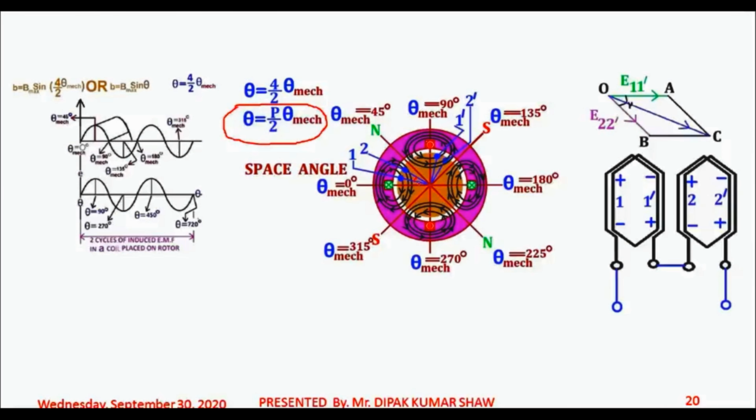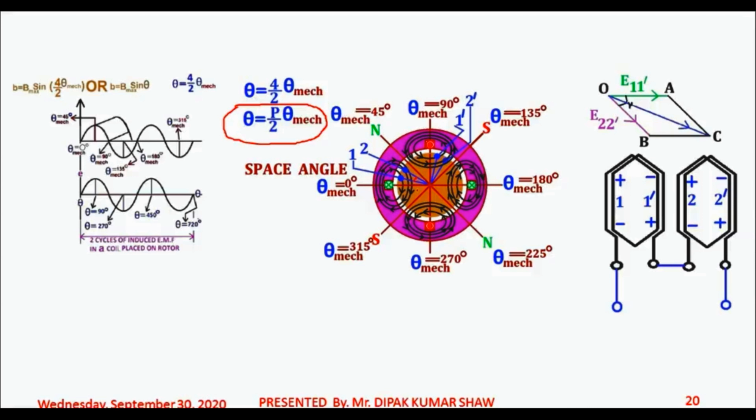If you want to write it in terms of mechanical degree, it won't be gamma, it would be gamma by 2. Then only in the phasor diagram it should come as gamma. So the slot angular pitch in mechanical degree is gamma by 2.